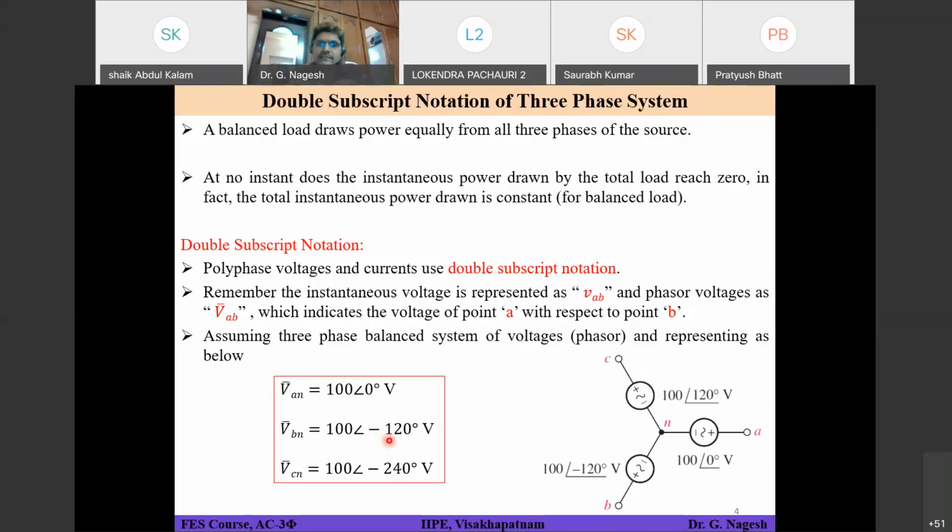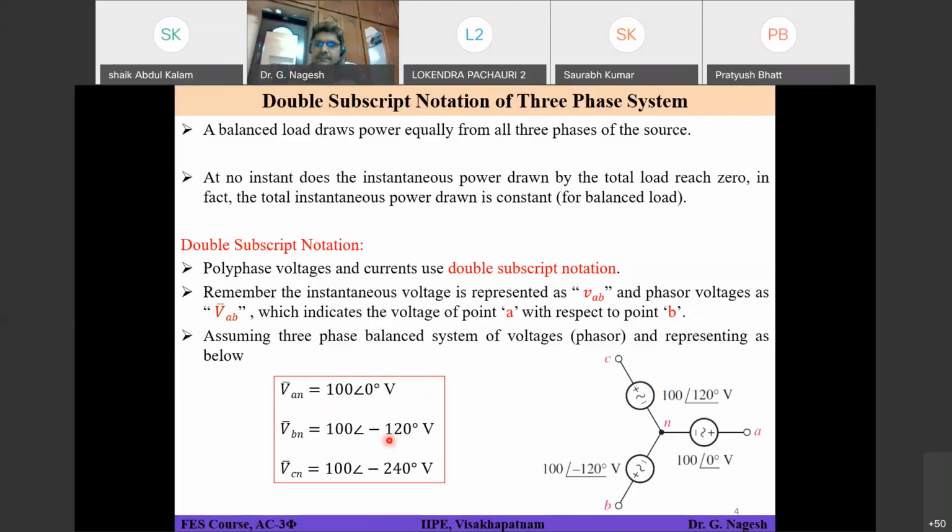If I say that I have a balanced source and VAN is equal to 100 at an angle of 40 degrees, what will be VBN? 100 at an angle of minus 80, sir.